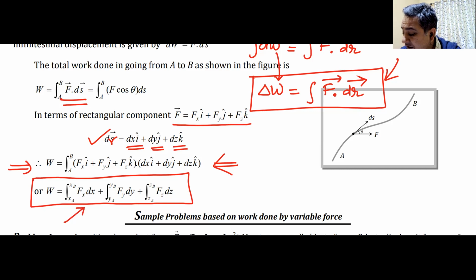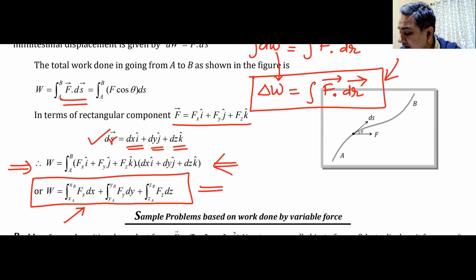So you will have an integral of this type. The work done by this force will be the integral of fx dx from x1 to x2, plus the integral of fy dy from y1 to y2, plus the integral of fz dz from z1 to z2.